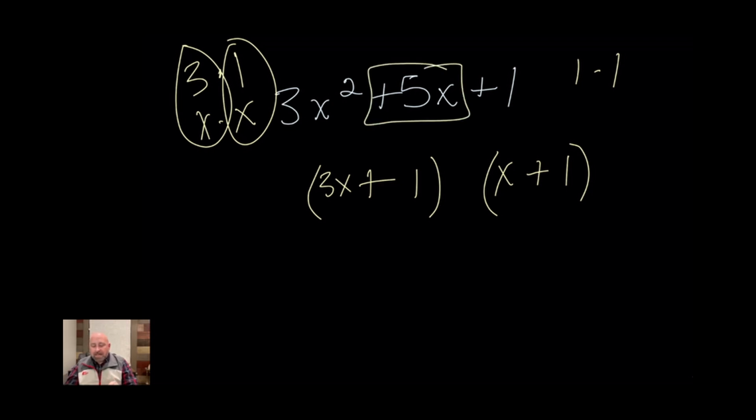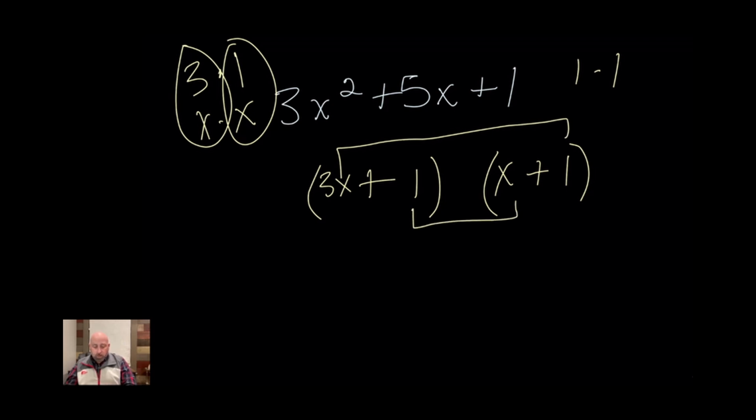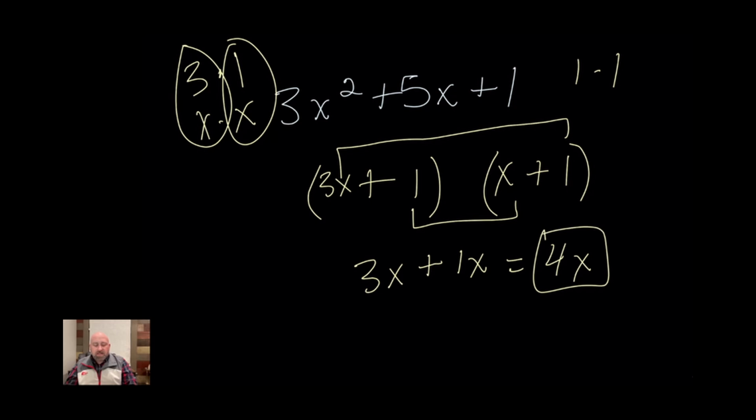Remember, we have to get this middle to work out. So if we do outers and inners, what do we get? We get 3x plus 1x, and that equals 4x. In other words, this does not equal this. So that can't be the answer.